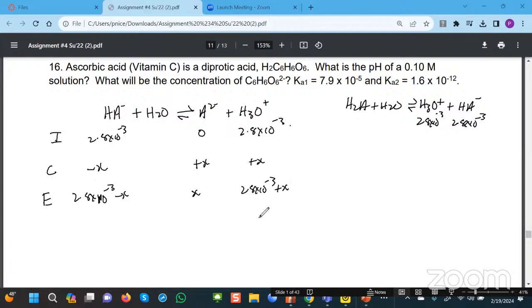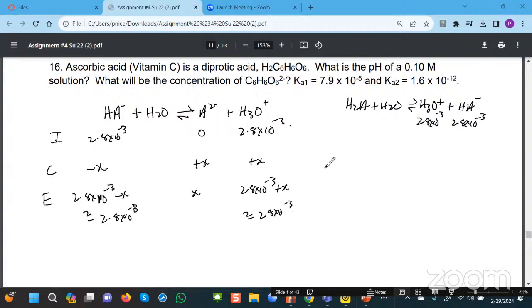Now, here's the thing. Remember, the percent dissociation for the first dissociation is very small. For the second dissociation, it's going to be even smaller, right? So we can basically assume that this is approximately 2.8 times 10 to the minus 3, and this is also approximately 2.8 times 10 to the minus 3, all right?